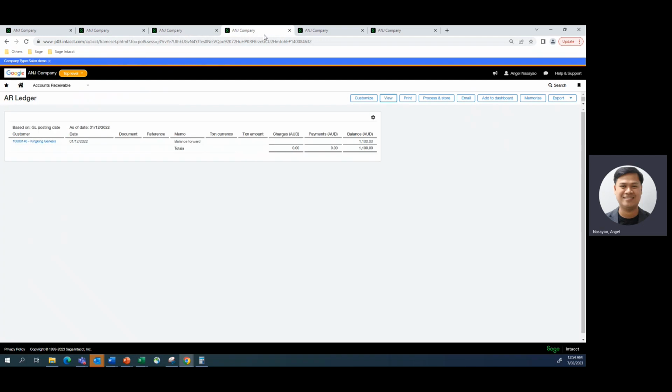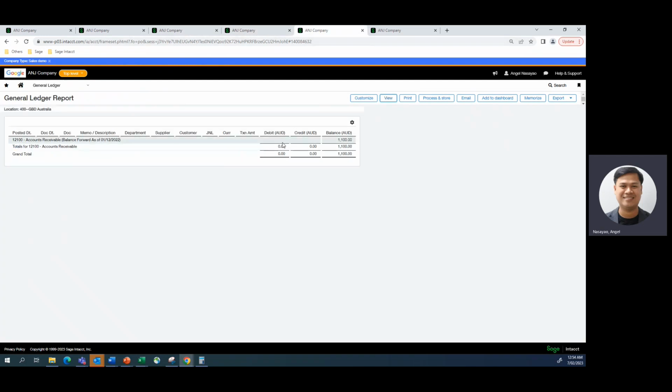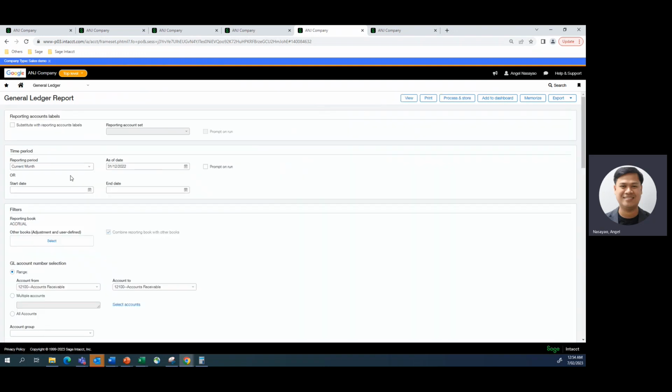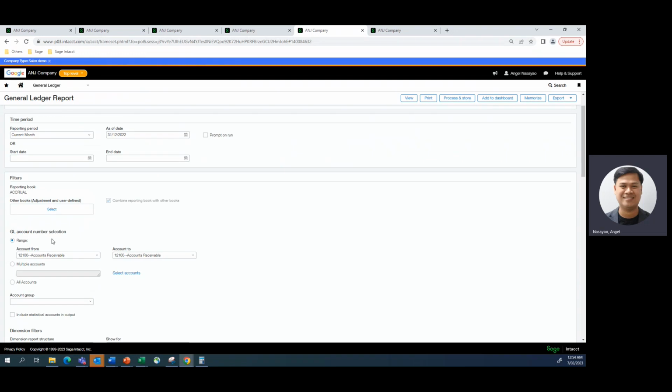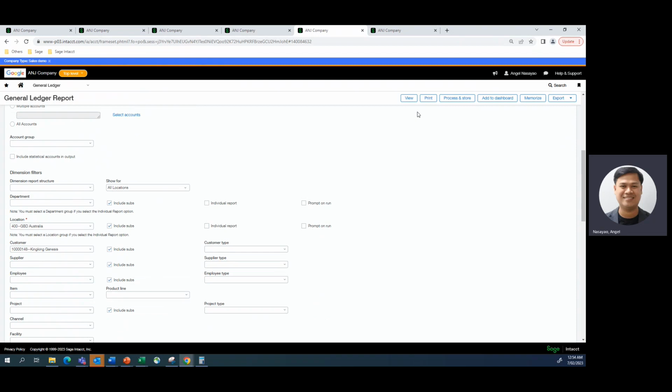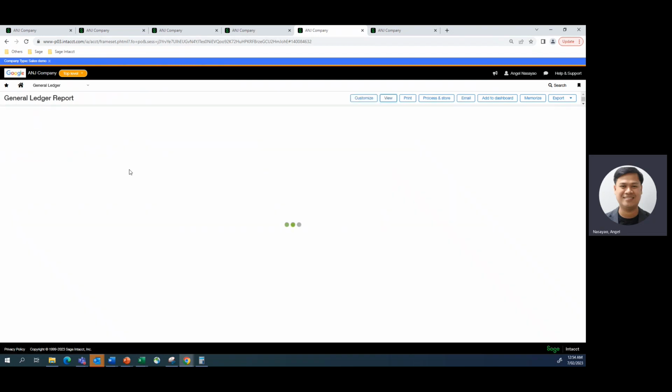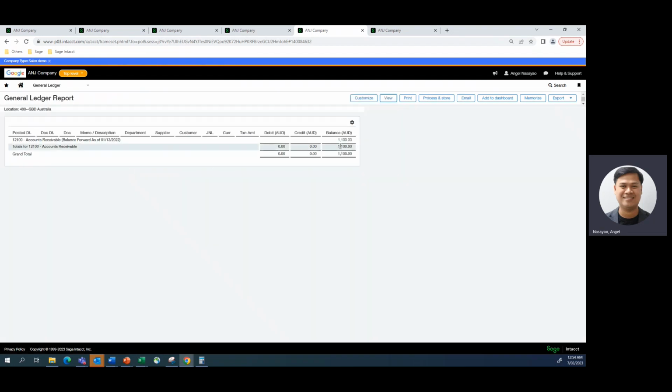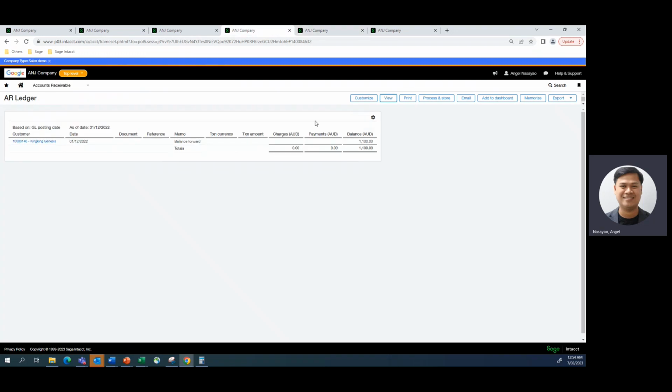All right. So if I run the GL ledger report, which I have pre-run earlier, I filtered it and ran it again on 31st of December for that particular accounts receivable and for the customer too. You will notice in here that the GL actually matches my subsidiary ledger.